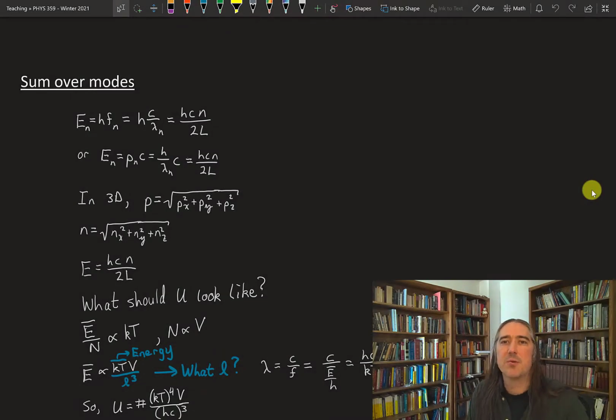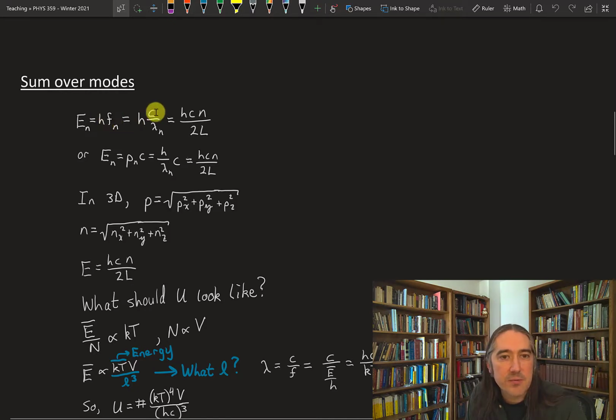Now we want to take our understanding of individual modes and put it together into calculations of the total energy of the system. So we've got our mode with some wavelength, and depending on what n is, we're going to have an energy which is Planck's constant times the frequency with n.